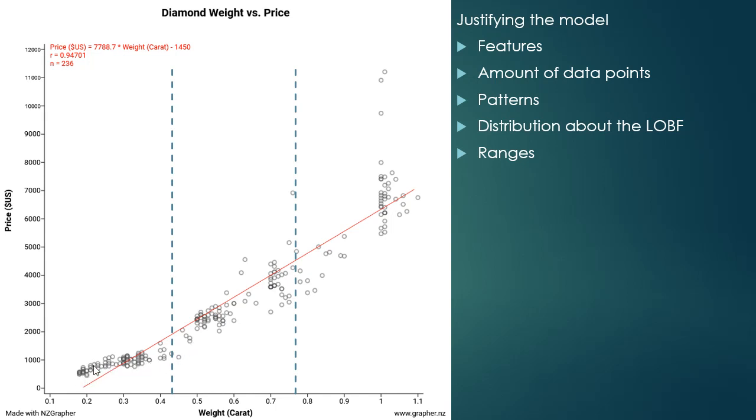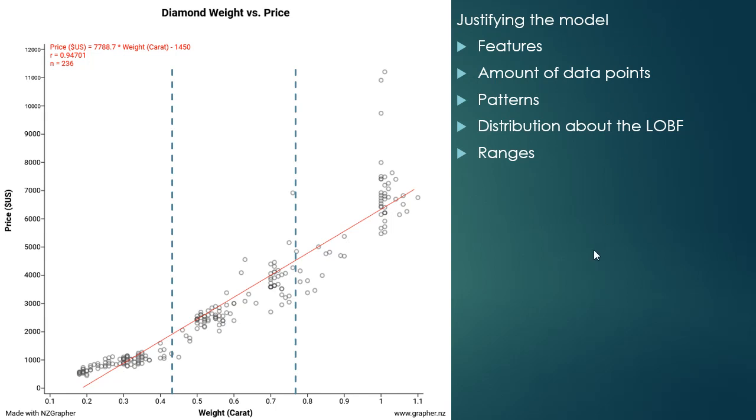We want them to be evenly distributed above and below the line of best fit. In actual fact, when the weight is below 0.5 carats, this is the actual or the observed prices of the diamonds, and this is the estimated price, and so the estimated price is always underestimating the price of the actual diamond for these low weights.